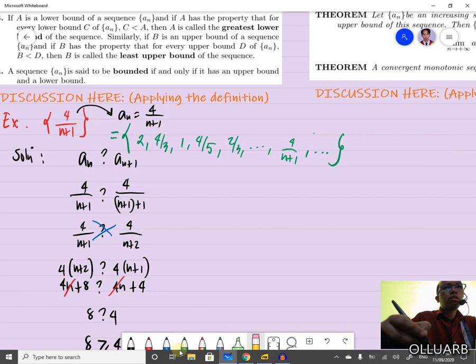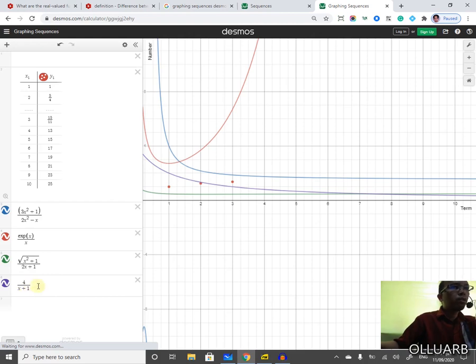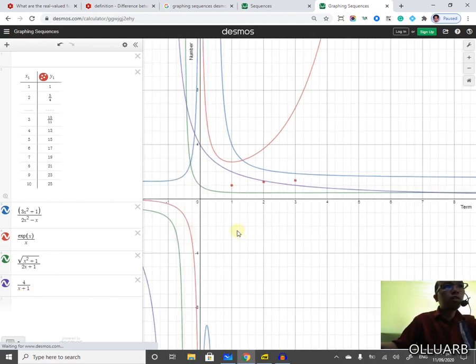And as you can see, this sequence has a limit and it is decreasing. The limit of this sequence is 1/2. Am I right? 1/2. Let's look at the graph if I remember it correctly.